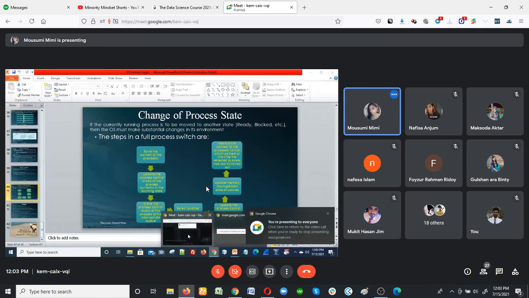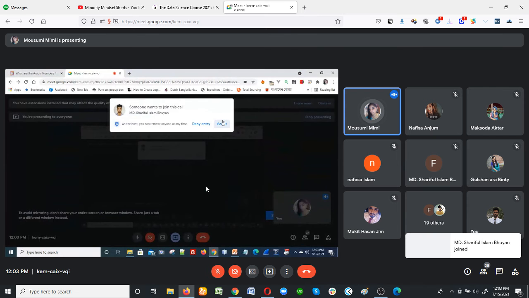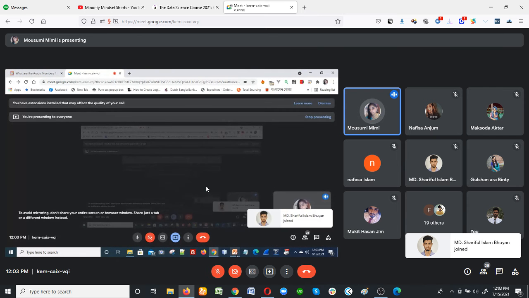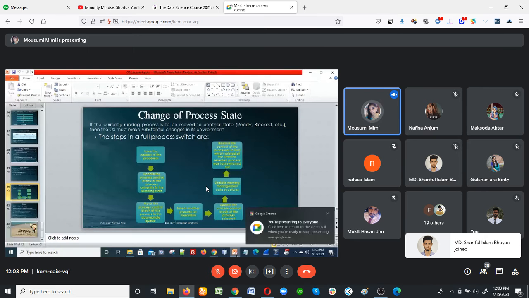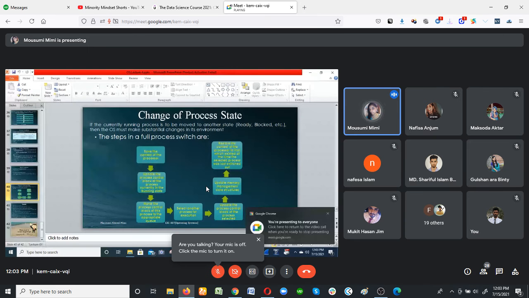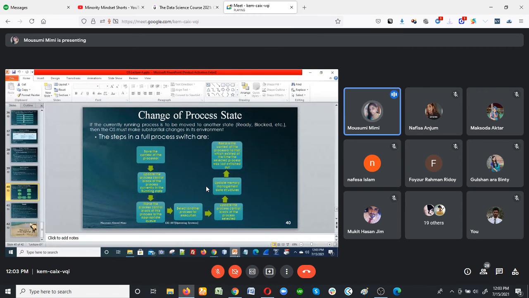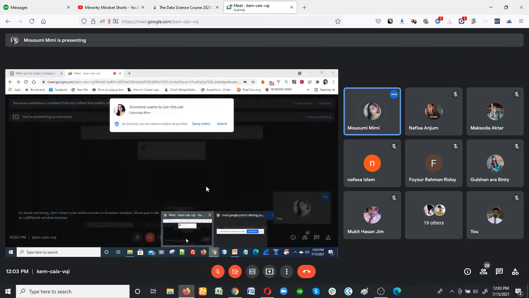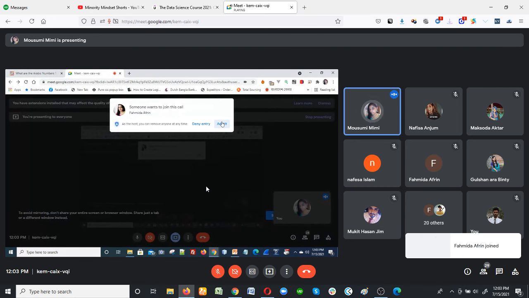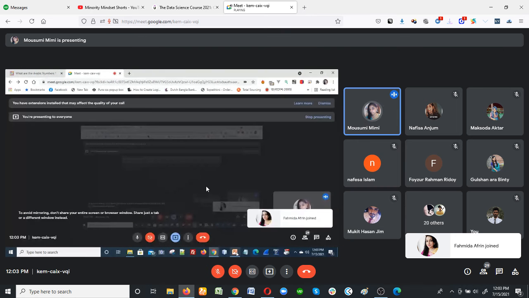If an interrupt occurs, at that point the interrupt handler will give the information whether the interrupt is higher priority or lower priority. If it is higher priority, it stops the working of the user process and goes for the interrupt process.